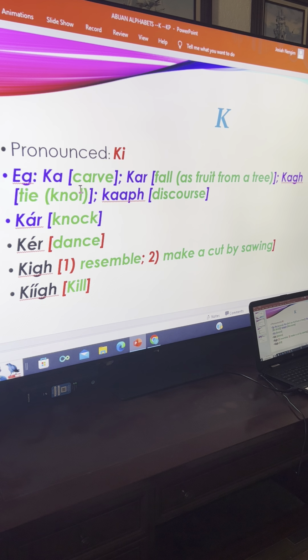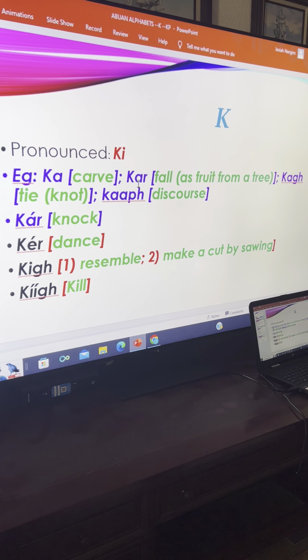All right. Let's take the other example. K, A, Re. Kar. That translates the English word fall, but a different kind of fall. That is fall specifically for things dropping down from a tree or from a height, just simply driven by gravity.